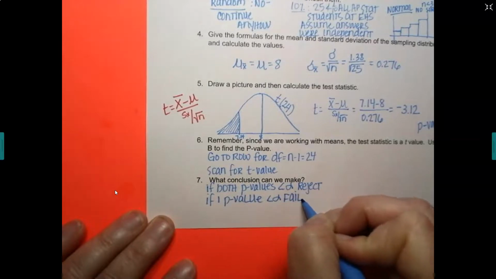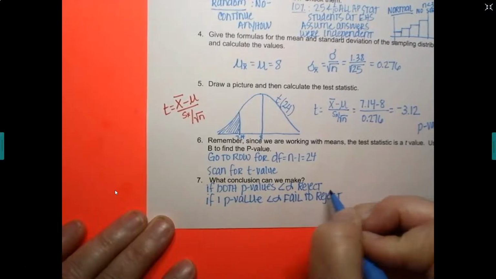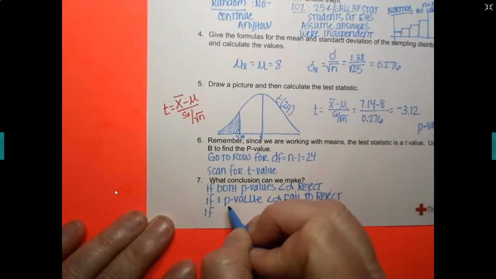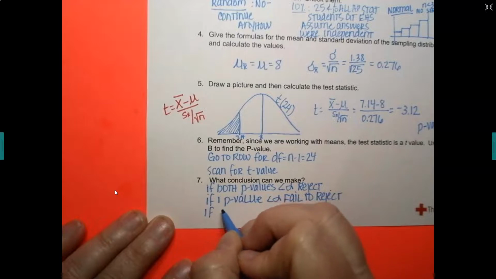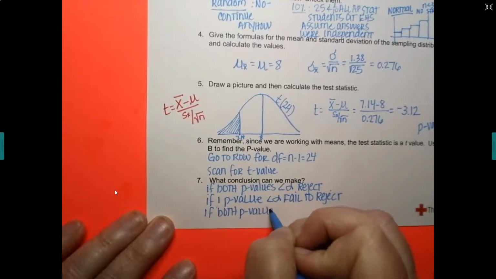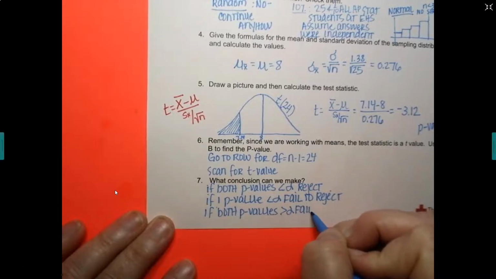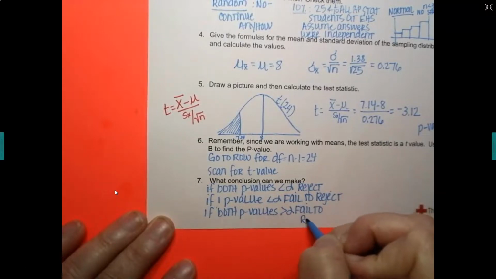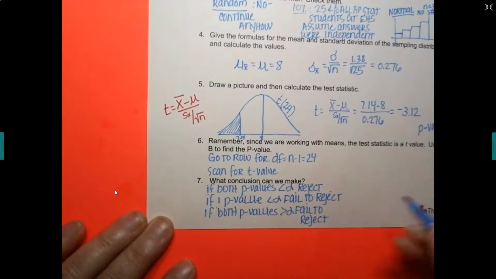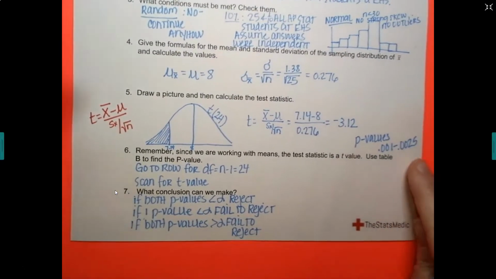They have to both be below, fail to reject. And if both p-values are greater than alpha, you're going to fail to reject. So in this case, both of ours are less than alpha because we have this range right here.